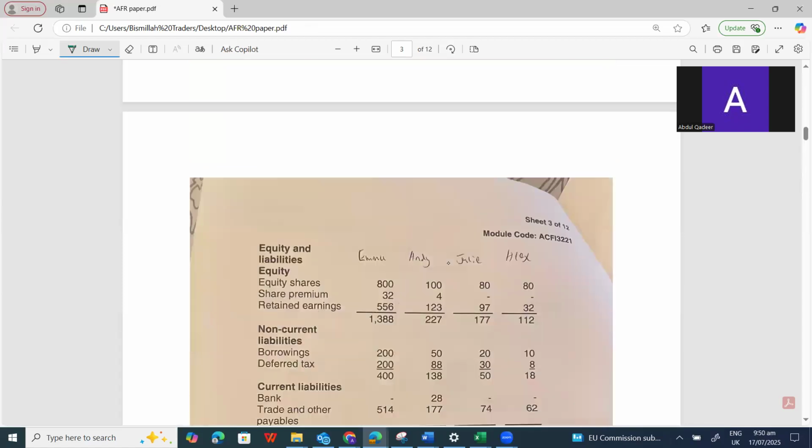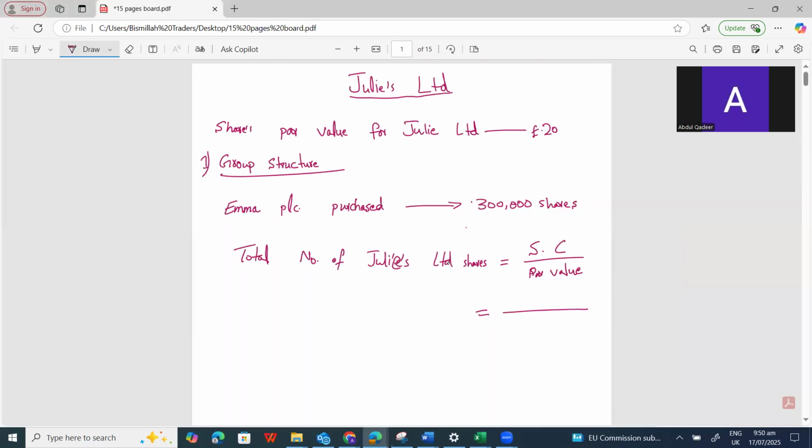Here is the share capital: equity shares 100 for Andes, 800 for Emma, and 80 for Julie. So 80,000 for Julie, and here the par value is 0.20.